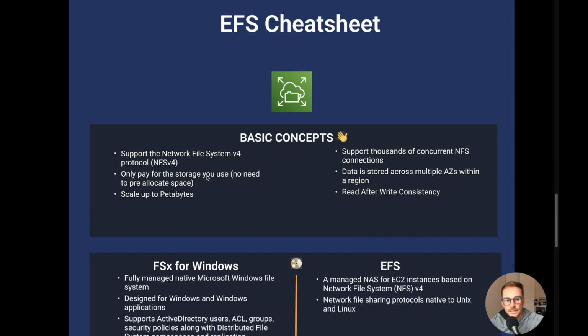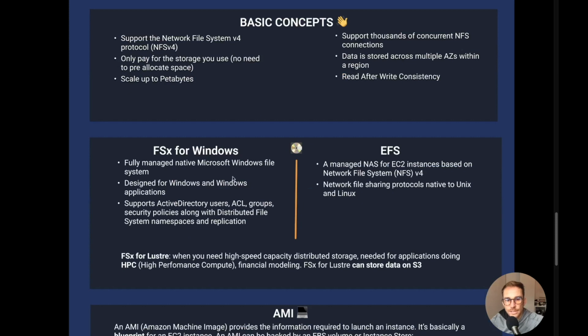So let's see the different file systems that we have on AWS. You need to remember these classes. Basically we have FSx for Windows, which is a fully managed native Microsoft Windows file system. It is designed for Windows and Windows-only applications.